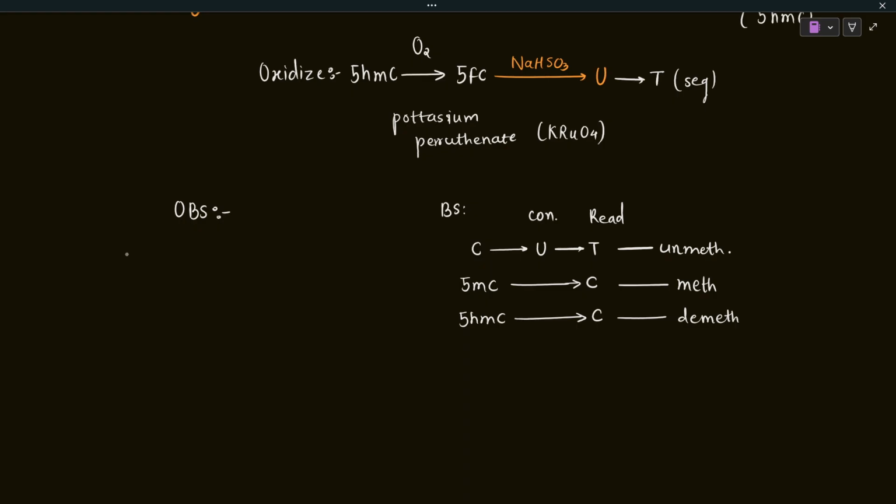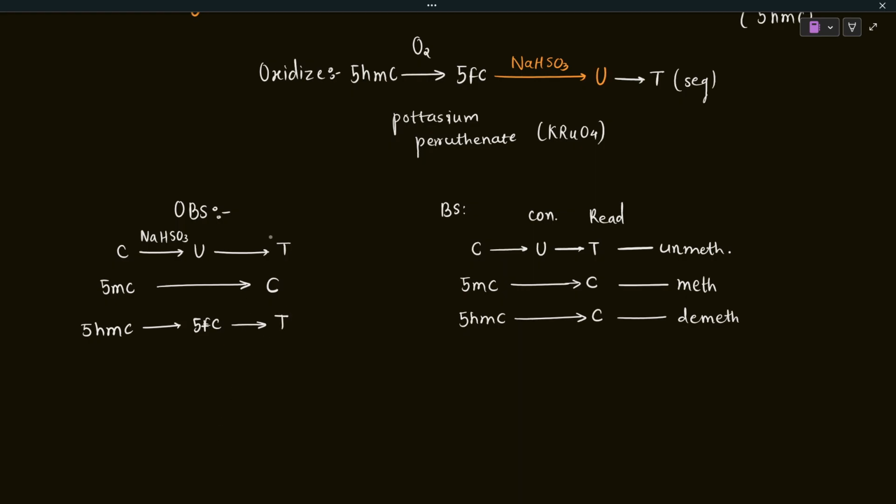So what happens in oxidative bisulfite sequencing? The cytosine is converted into uracil, with the help of sodium bisulfite, obviously, and that is read as thymine. 5-methyl cytosine is not converted into anything because sodium bisulfite can't work on it, and it is read as cytosine only. While 5-hydroxymethyl cytosine is converted into 5-formyl cytosine due to the oxidation step, and on this the sodium bisulfite can work and converts it into uracil, deaminates it, and it is read as thymine.